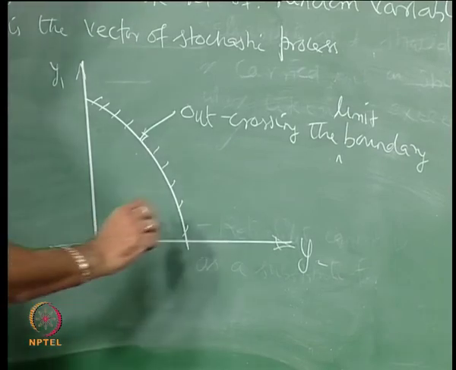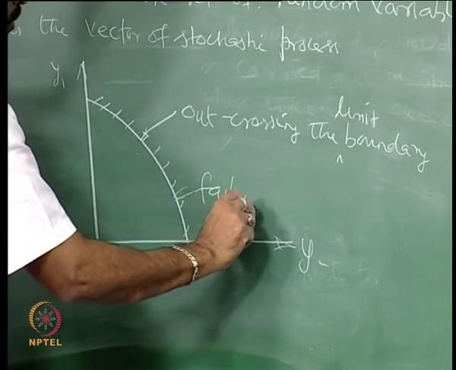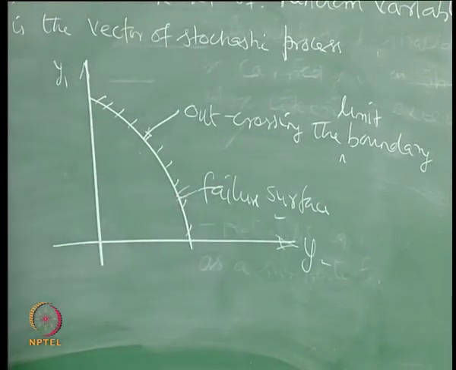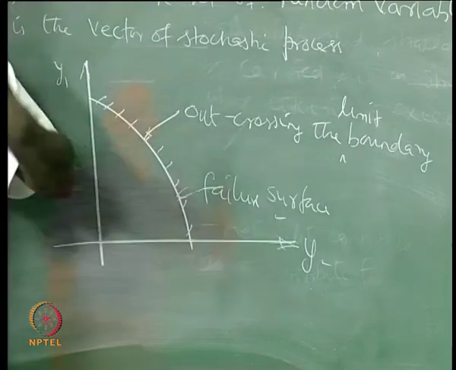So, this is a failure surface. Okay. So, if my failure surface is outcrossed, I consider that event as a failure event.